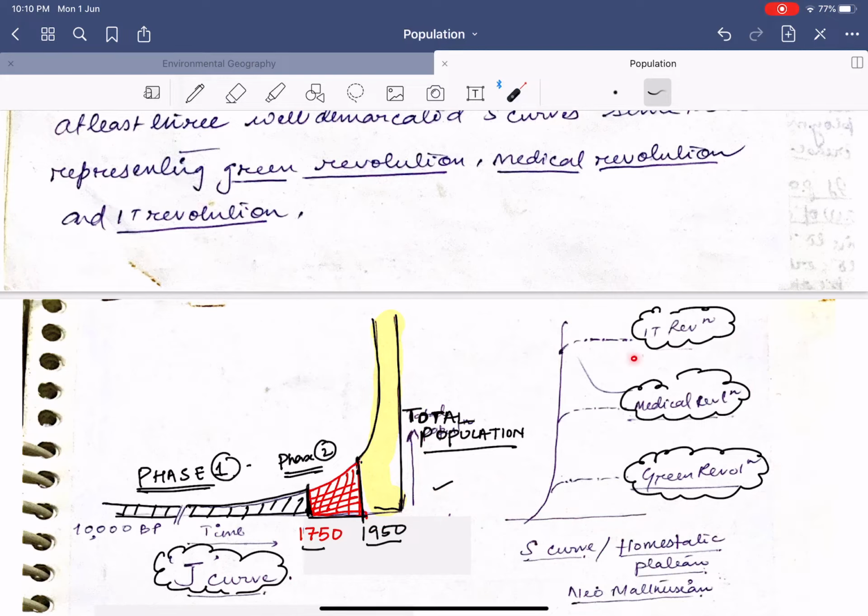The Neo Malthusian took into consideration these revolutions, and this has been represented as an S curve. This S curve gives the reason: from 1950 onwards, the medical revolution that we achieved, the green revolution that we achieved, and the IT revolution that we are in the process of achieving have resulted in the population growth.